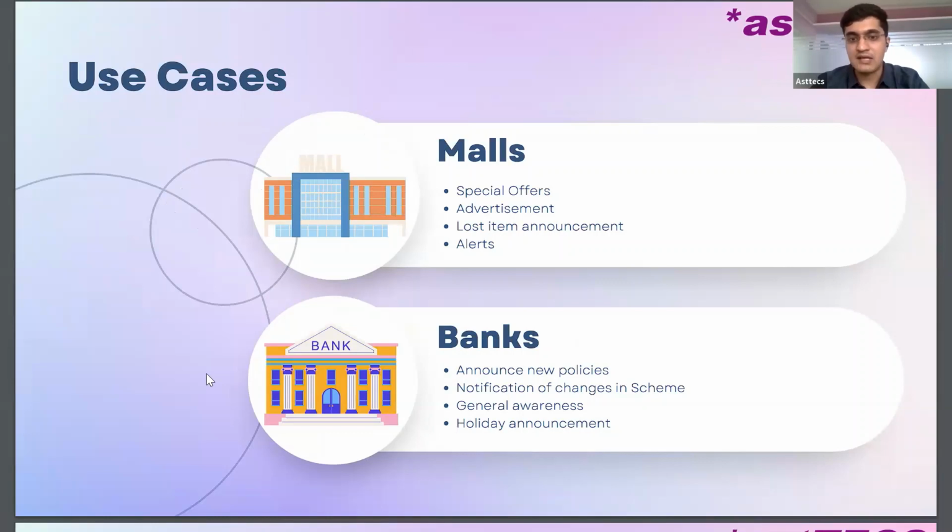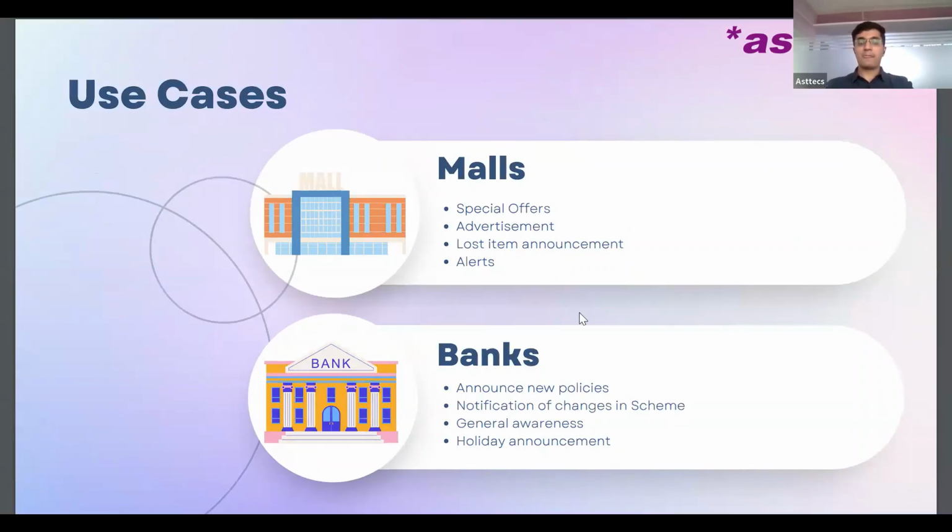Now, banks: announcements of new policies, notifications, general awareness, holiday announcements. Say now the branch has a new policy, which the branch wants to intimate to all customers, but it has maybe already published the article and tried communicating, but also the policy now for the branch is maybe during the first month when the policy is in place, it has to announce every day in the branch.